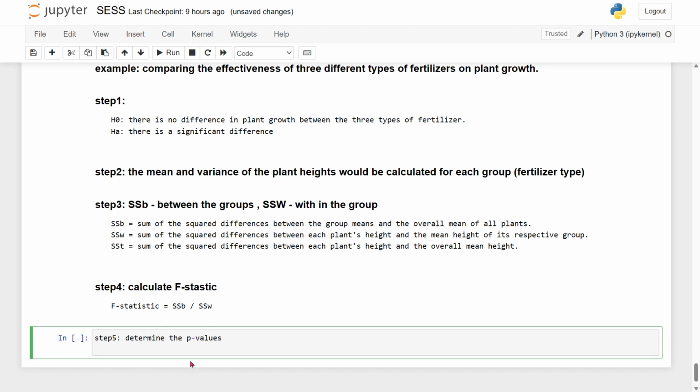The p-value associated with the F statistic would be determined using an F statistic table or statistical software.